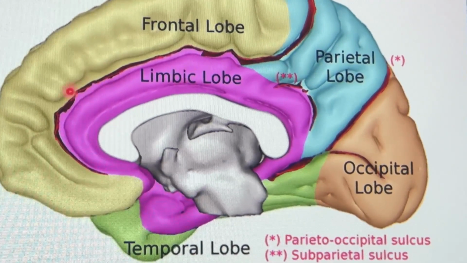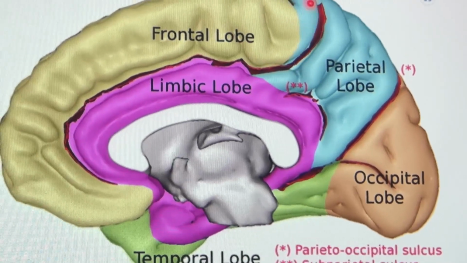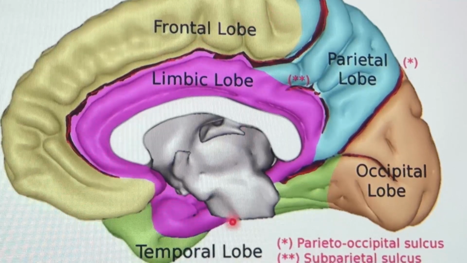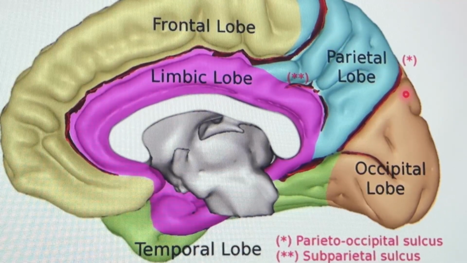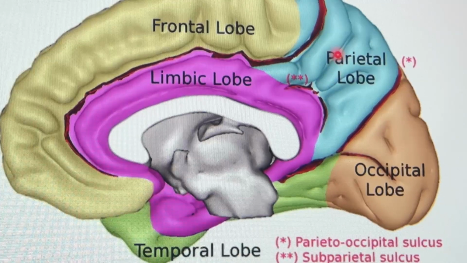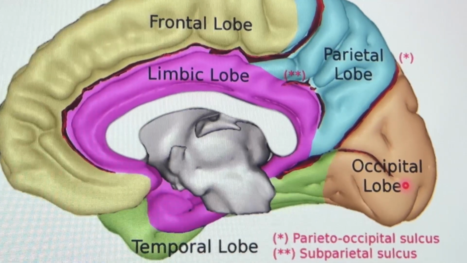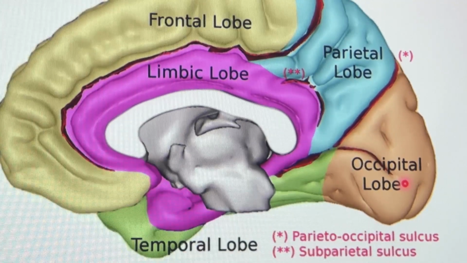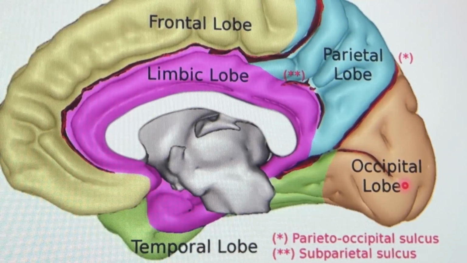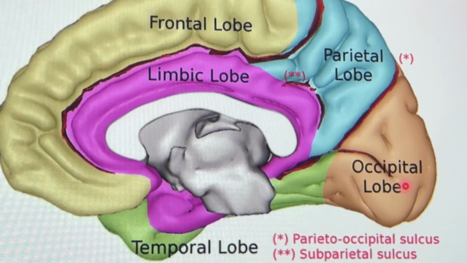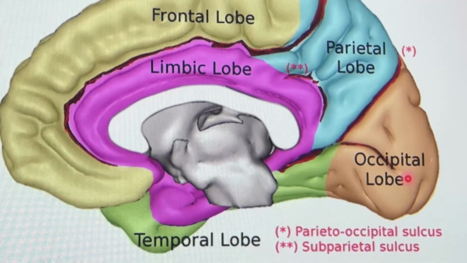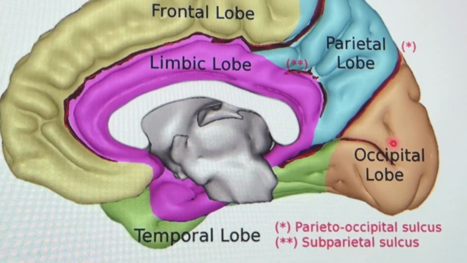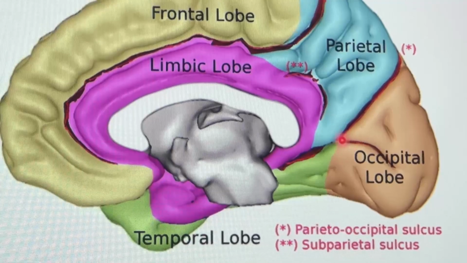So again, the lateral sulcus separates the frontal and parietal lobes from the temporal lobe, and the parieto-occipital sulcus separates the parietal lobe from the occipital lobe. It runs in the medial aspect of the occipital lobe and communicates with the calcarine sulcus in its upper anterior part.